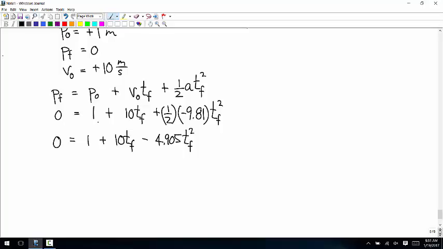How would you solve this for TF? Quadratic formula is the easiest way, yeah.